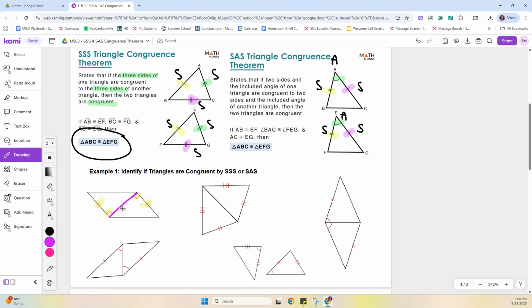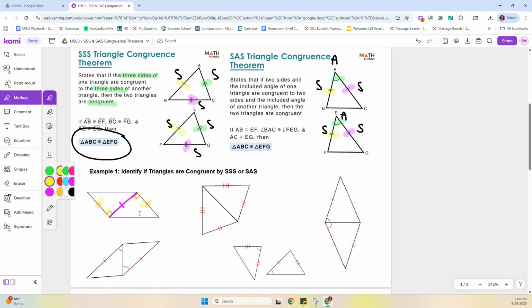If the side length was 5 units, then it's going to be still 5 units whether I look at this triangle over here or this triangle over here, right? So because it's equal on both triangles, I can draw in my own little tick mark and say that this side is congruent to itself by the reflexive property, therefore giving me another side. So I'm going to mark this side and say I have a side there as well.